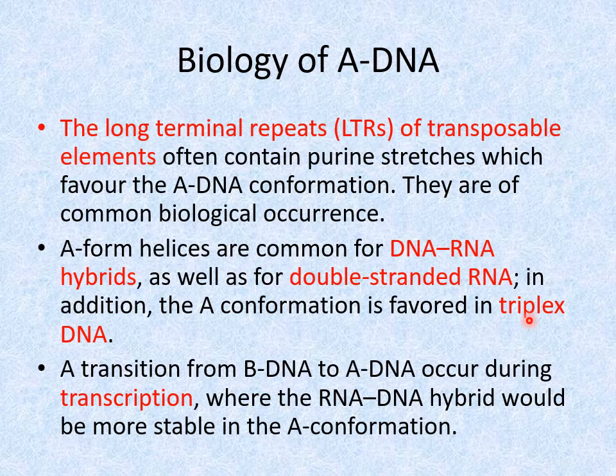At that point also, A form of helix is observed. Now, a transition from B-DNA to A-DNA also occurs during transcription, because again at the point of transcription a DNA-RNA hybrid is formed. So that will give a more stable complex formation if the form of DNA is A form.